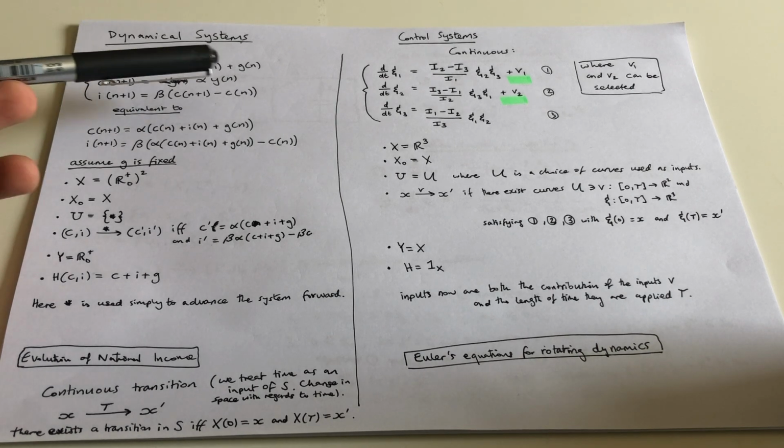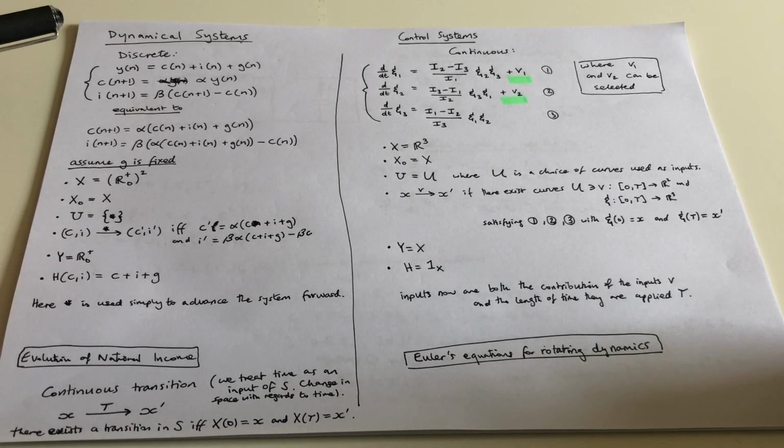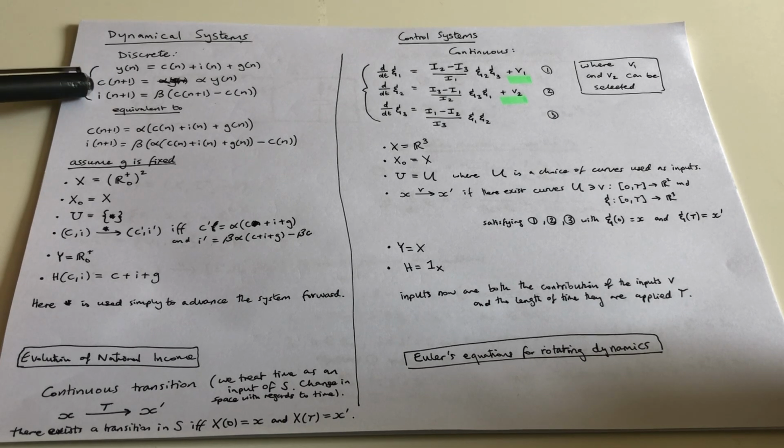In all these cases, we can describe our system by a set of equations. So here I've got a set of equations representing the evolution of national income, I believe, from America. This set of equations has three equations here: the output y, which is based on C, I, and G. And then we've got these two equations here, which define how the system evolves over time in different time steps.